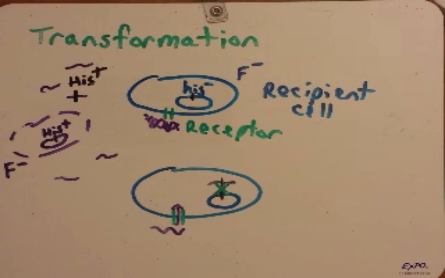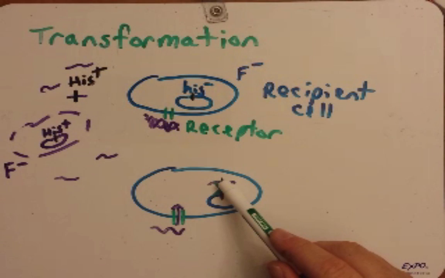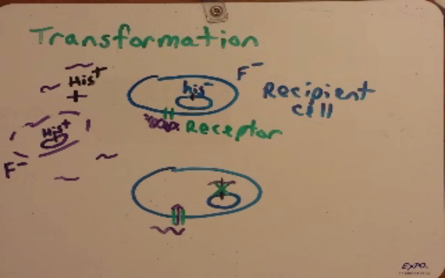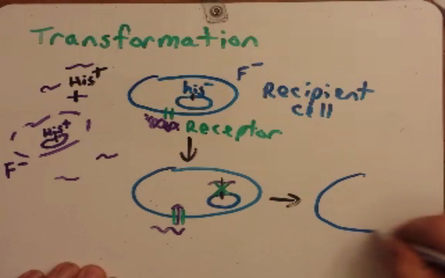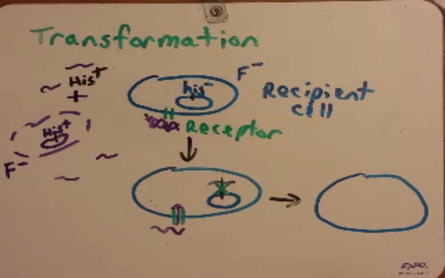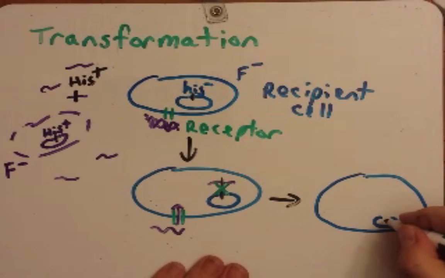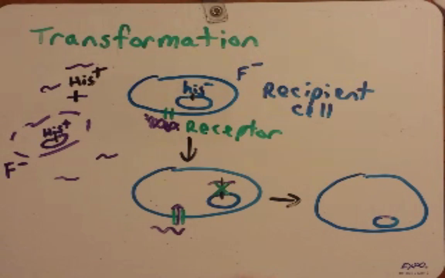In doing so, it receives this part of the gene, the His plus gene, and places it where the His minus gene used to be. And so the end result here is a cell with the bacterial genome in it, but now it contains the His plus gene from this degraded one over here.